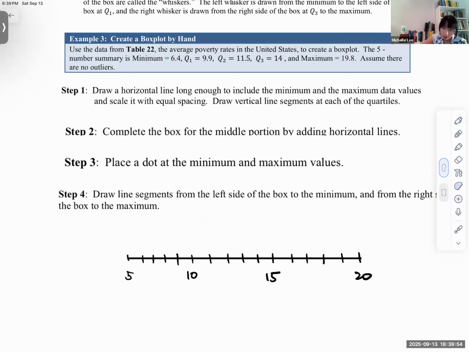All right. Now they say to draw a vertical line segment at each quartile.